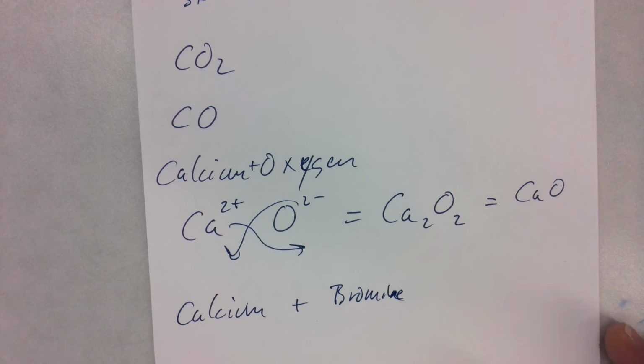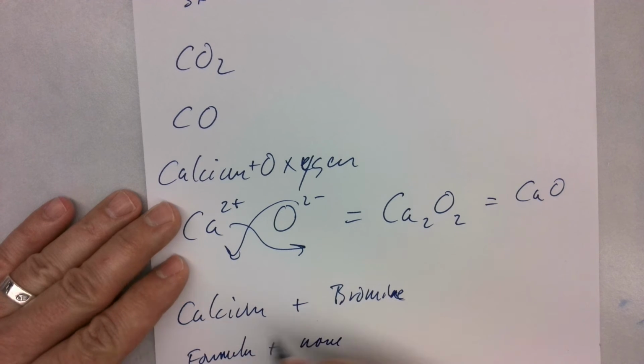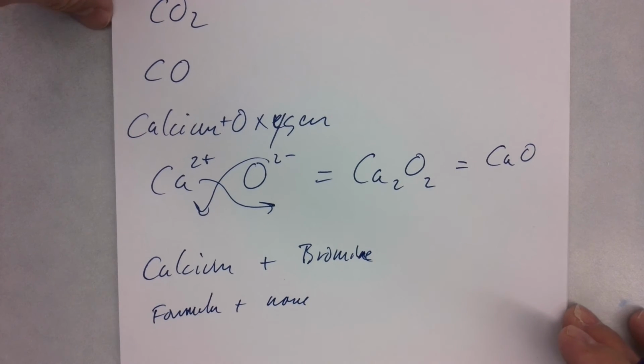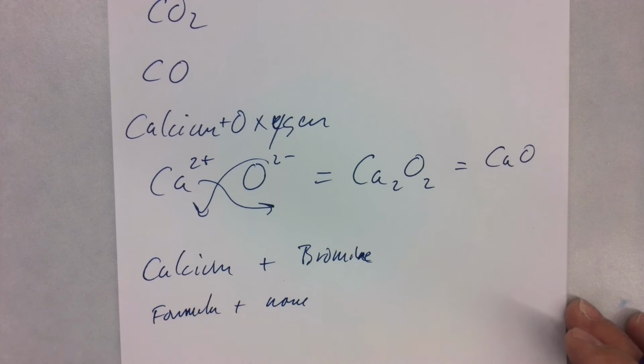I want the formula and the name for what calcium and bromine is going to give me. Okay? I want you to write the formula and its name. And let's go for 5 hands. We'll start off real easy. I need 5 of you. Hopefully I got 5 smart people in here that can figure out the formula and the name for calcium plus bromine.